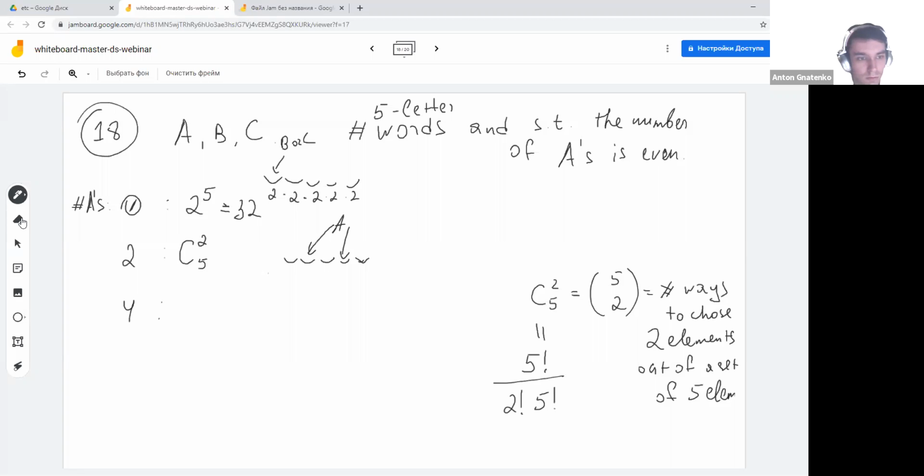In general, of course, I have given an example with 5 and 2 here, but in general, you can write something like C of n and k, which is in some textbooks denoted like this. And this is the number of ways to choose k elements from the set of n elements.